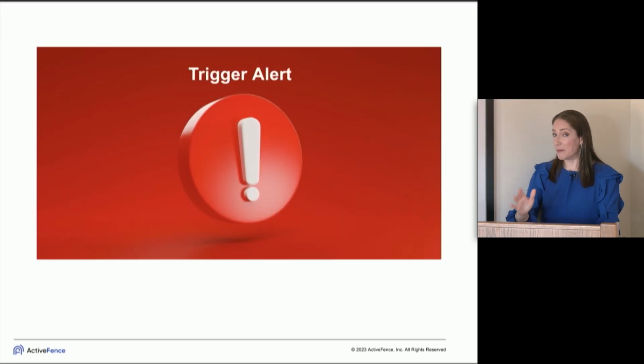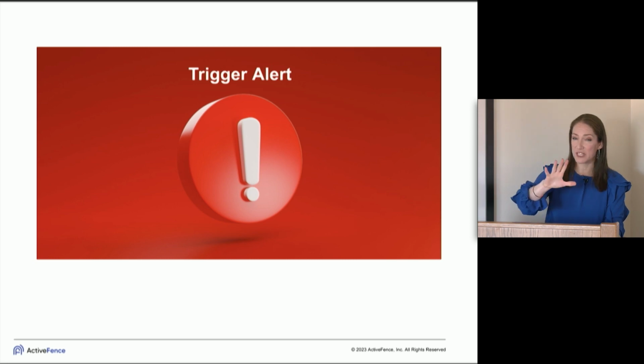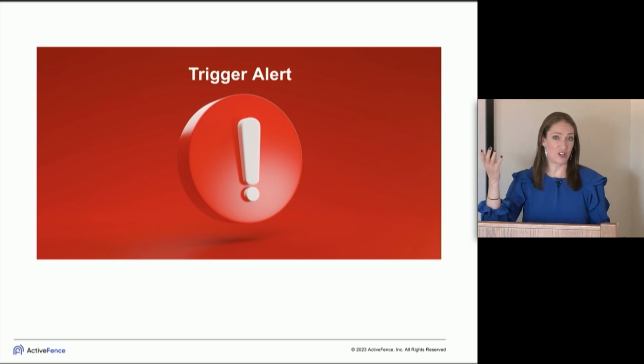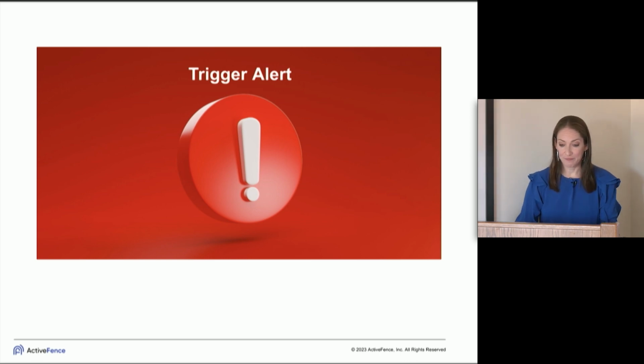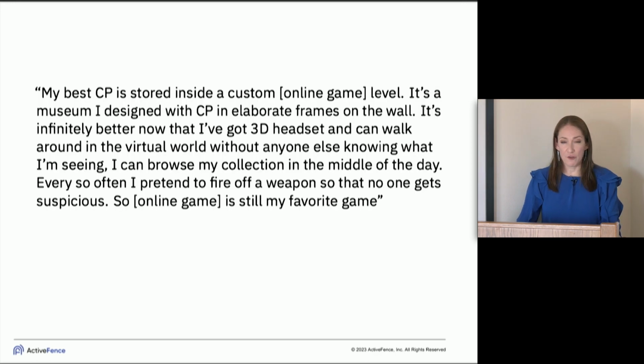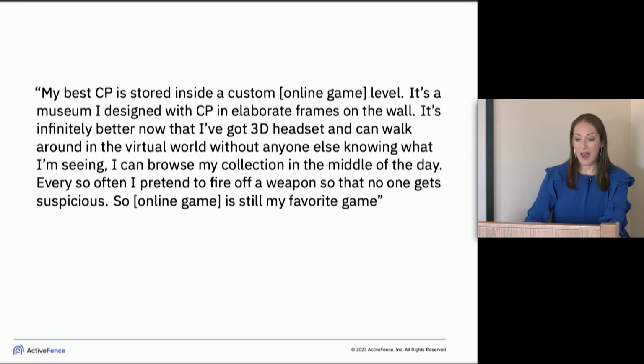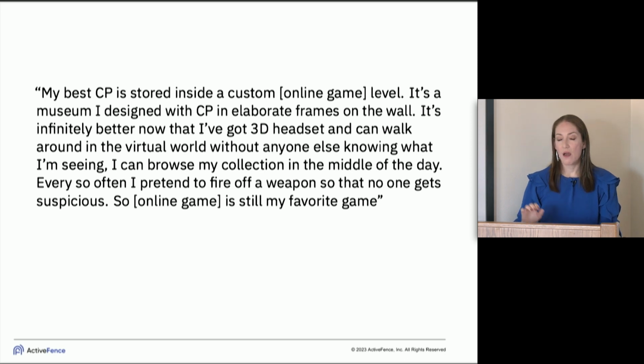And now a few examples of intelligence that can help online platforms protect themselves on time. Now, if your stomach is as sensitive as mine, please don't read the text on the screen. I'll just elaborate on this, okay? So the first example shows how child predators are exploiting online games to store child sexual abuse material, CSAM, without being caught.